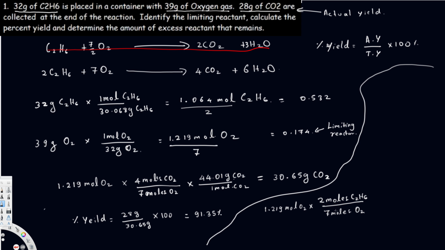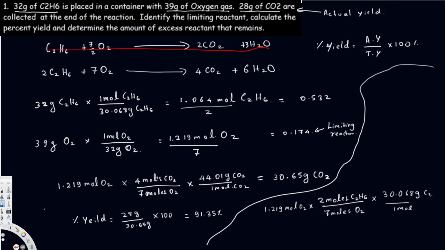But we want how many grams of C2H6 are needed to use all of these moles of O2. To find that, since we have the moles right here, we simply multiply this by the molar mass of C2H6. If you find the molar mass of C2H6, it is 30.068 grams in 1 mole.